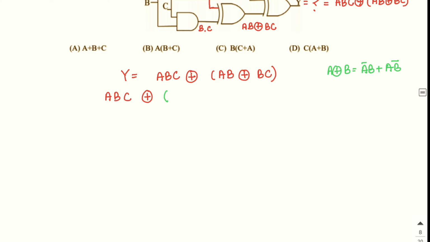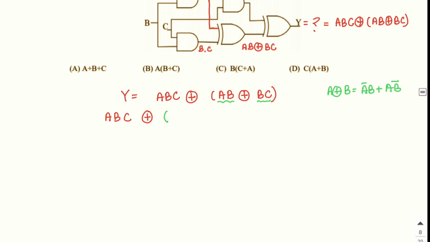So for us, this is A and let's say this is B. So we'll expand it and we have AB dot BC bar plus AB bar dot BC. Now what we can do is just open this bracket.